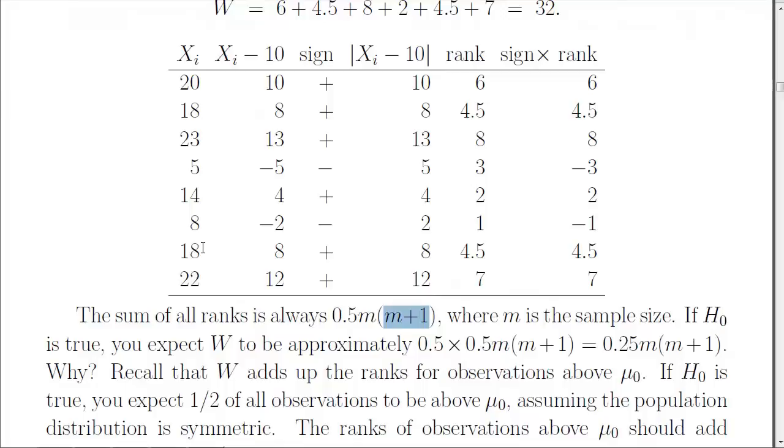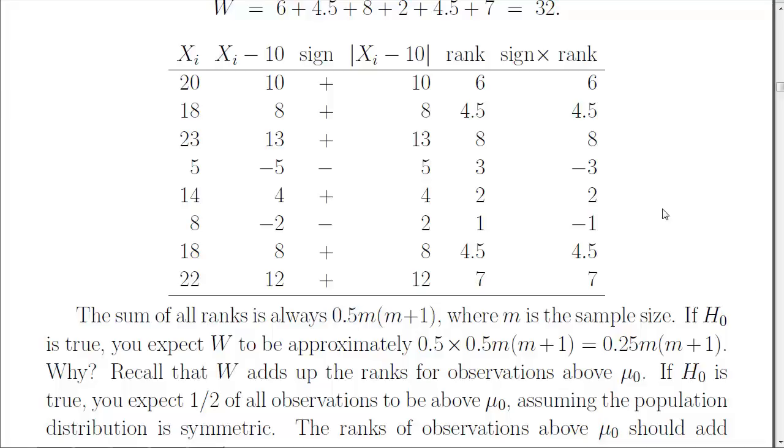So if we've got 8, that's going to be 8 times 9, times 1/2. So I'm going to do 4 times 9, which is 36. So that is the total of the ranks.